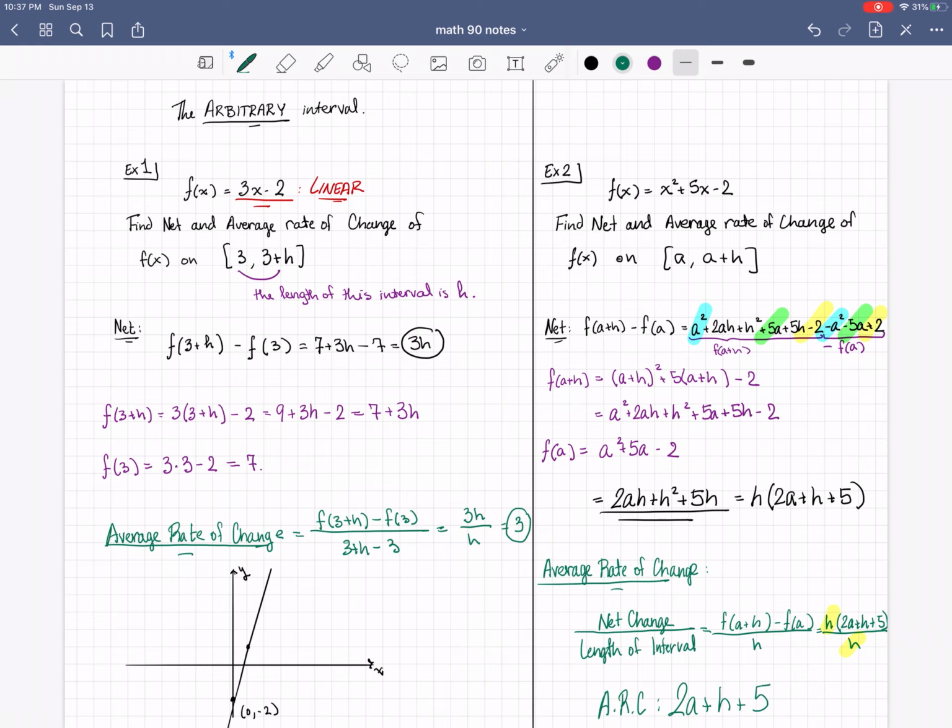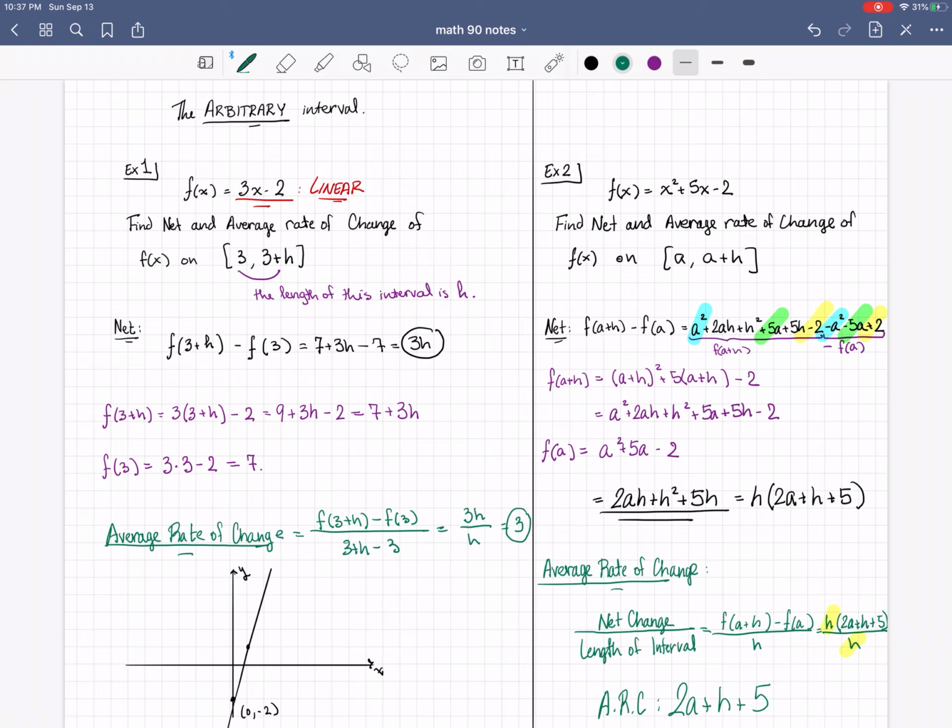So notice for these two examples, the first example was linear, and the average rate of change did not depend on h. That was because the graph of the function was a line, and if you're talking about the slope of the line between any 2 points on the graph, which is what the average rate of change is, it's gonna be the same every time.